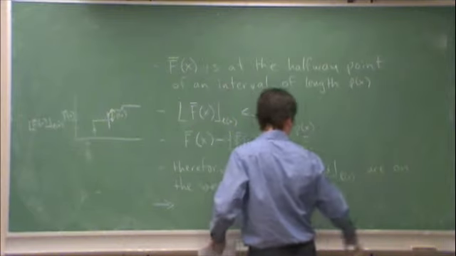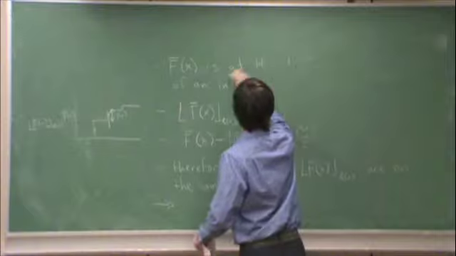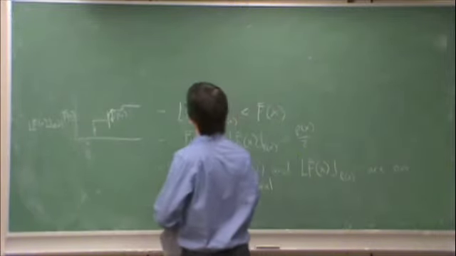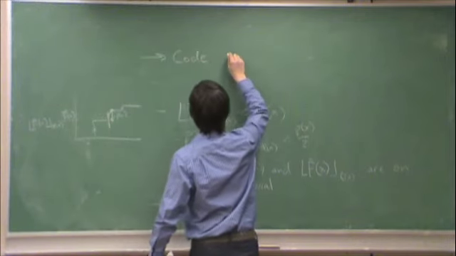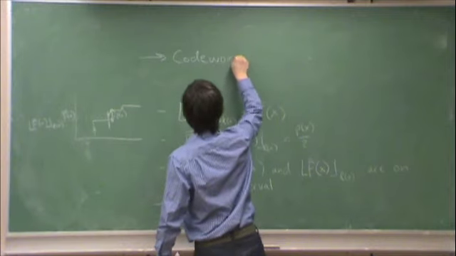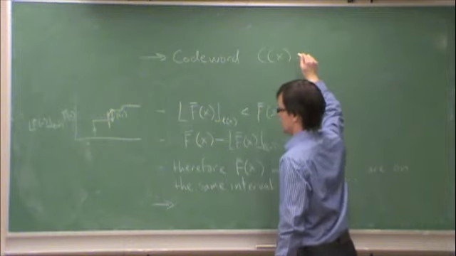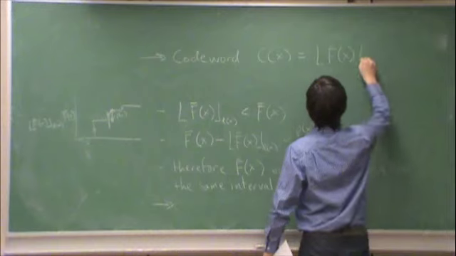So what I'm going to say is my code word for x, c of x, is equal to floor f bar of x sub L of x.